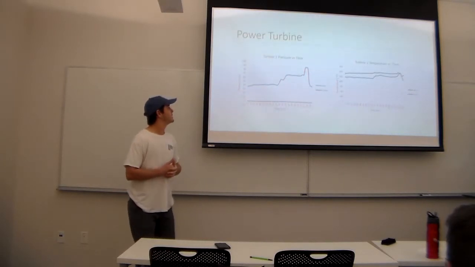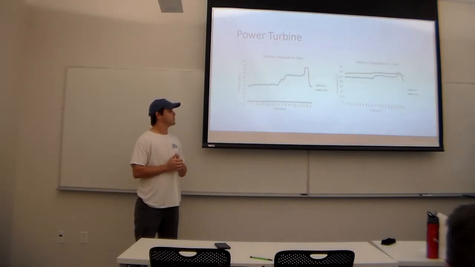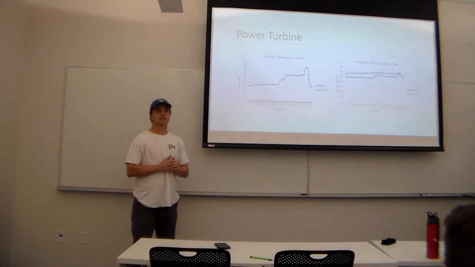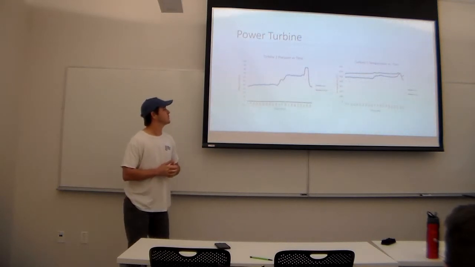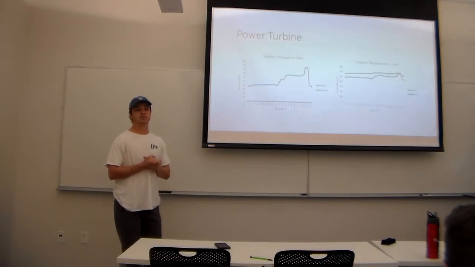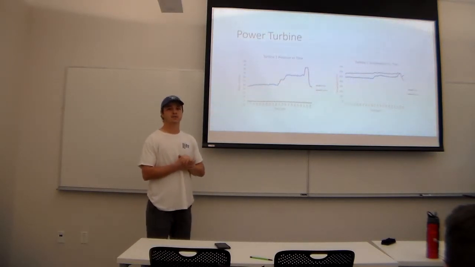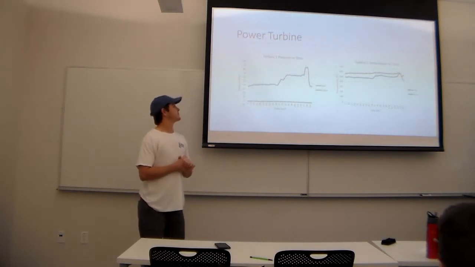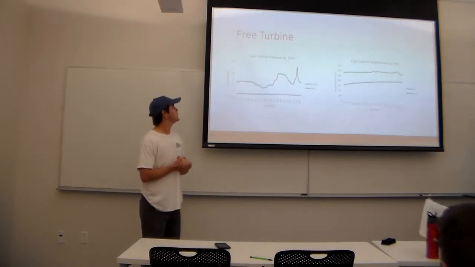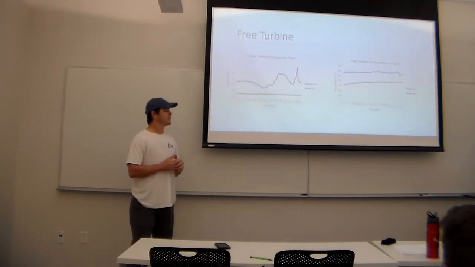For your power turbine, your pressure versus time, the pressure of the turbine is increased as your power is increased, and also the temperature is slowly increased due to the combustion chamber. As you can see, the temperature is very high during that combustion chamber process. For the free turbine, the pressure remains a little iffy.